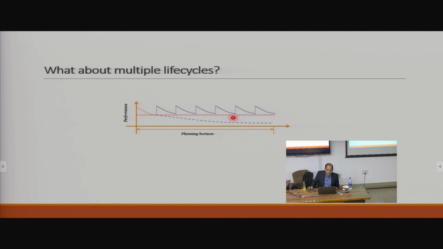As soon as it hits that line, you are forced to replace the system at this point. You bump up the performance to here, and then it starts falling again. And as soon as it hits this line, you again do some repair or upgrade, and you go from there, right?